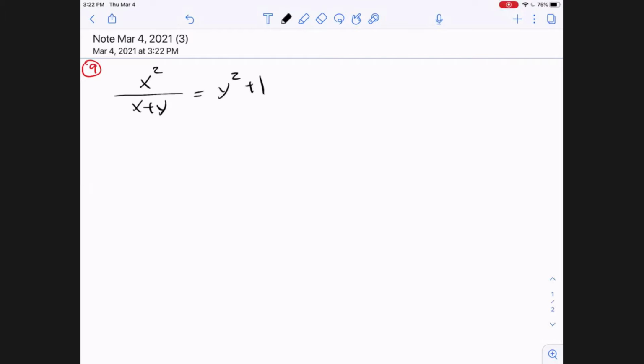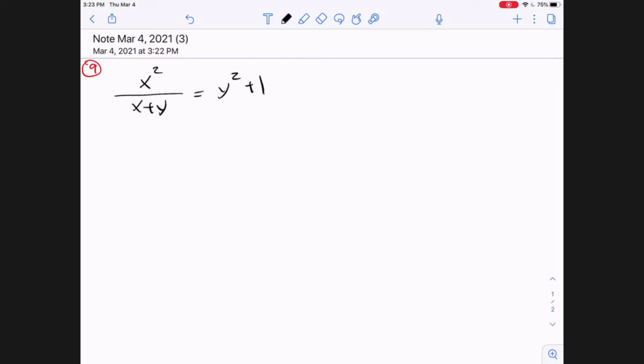So on the left side of the equal sign, we have to use the quotient rule there. I'm trying to think, should I multiply both sides by x plus y, but then it's going to be a mess in other ways.